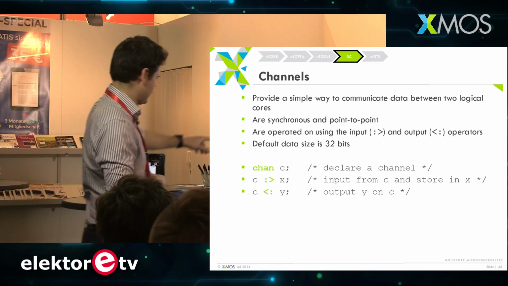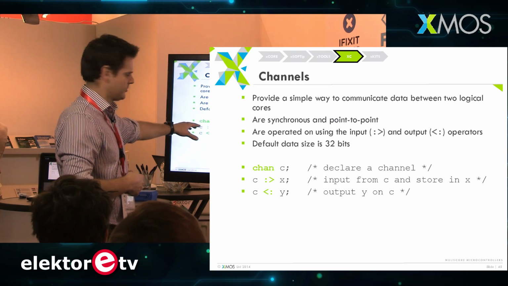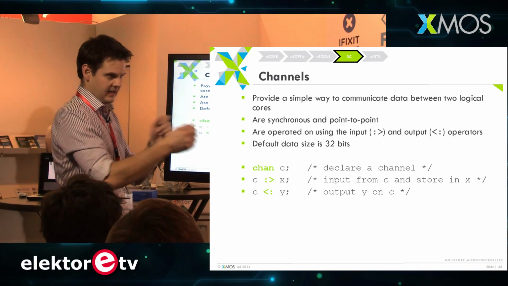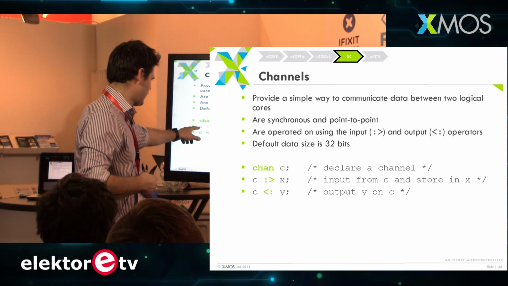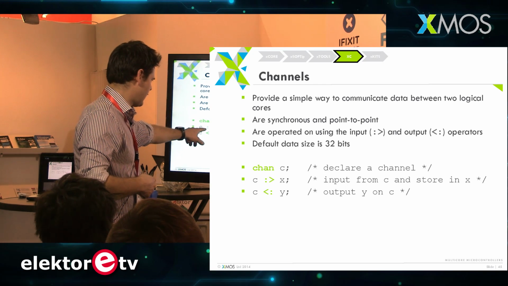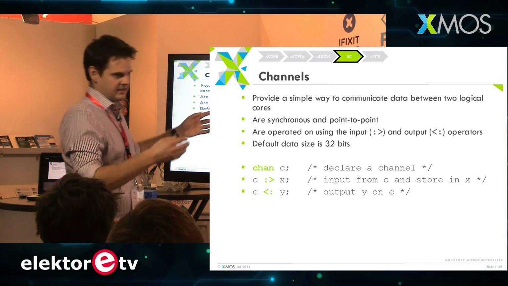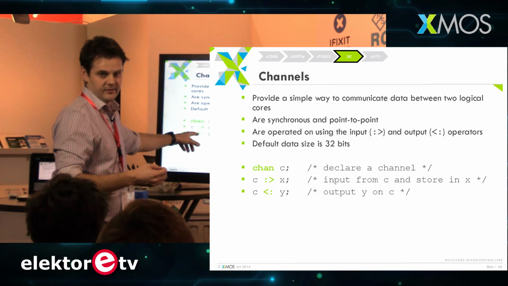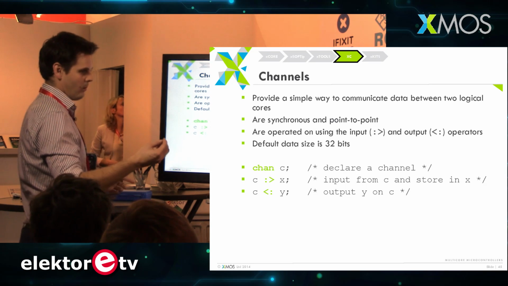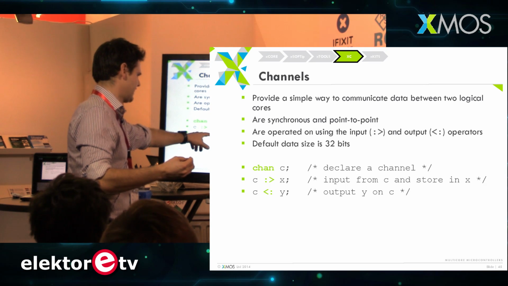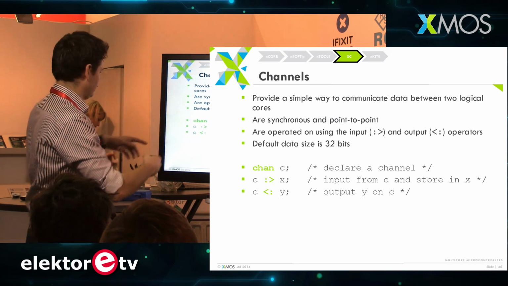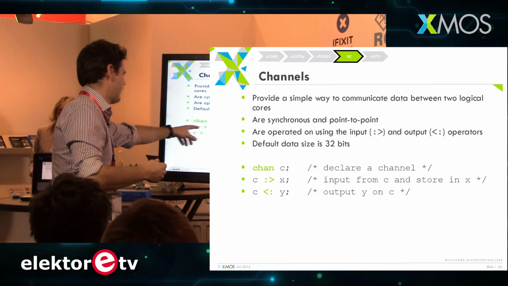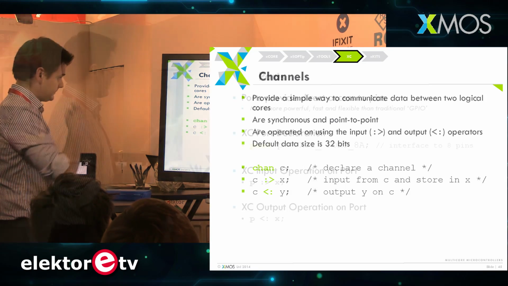Channels, so this is an example of how to use channels. You define a channel, and this is a link, remember, between 2 cores, channel C, and here we're saying take a data sample from the channel and put it into variable X, and the inverse is true here. Put whatever's in variable Y into the channel, and then it will be received on the other end of the channel in the same fashion.